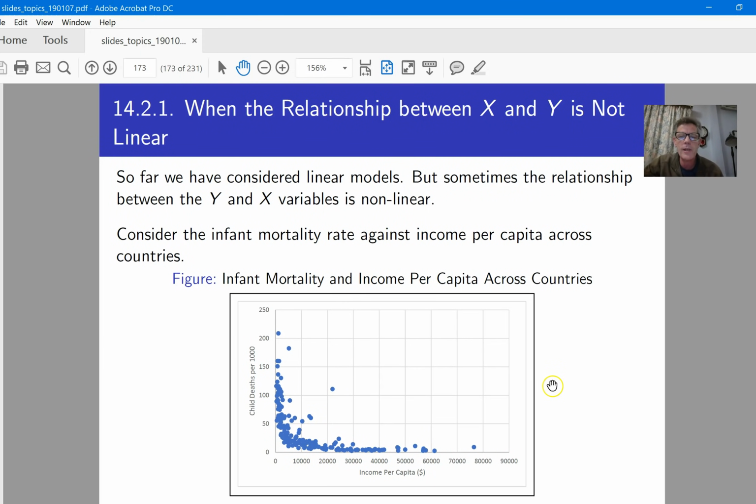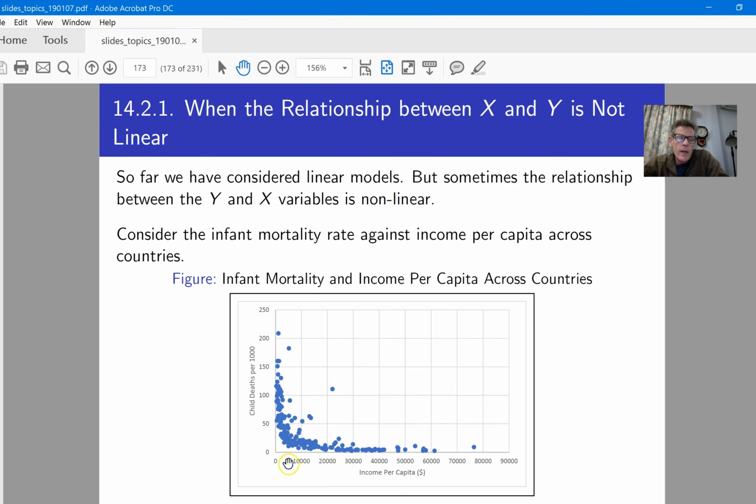This is an example here where countries which have higher incomes, richer countries, tend to have fewer child deaths. They tend to have better health services and everything else, and so children die at a much lower rate. Poor countries have a much higher rate of child mortality. But it's not a nice linear pattern.